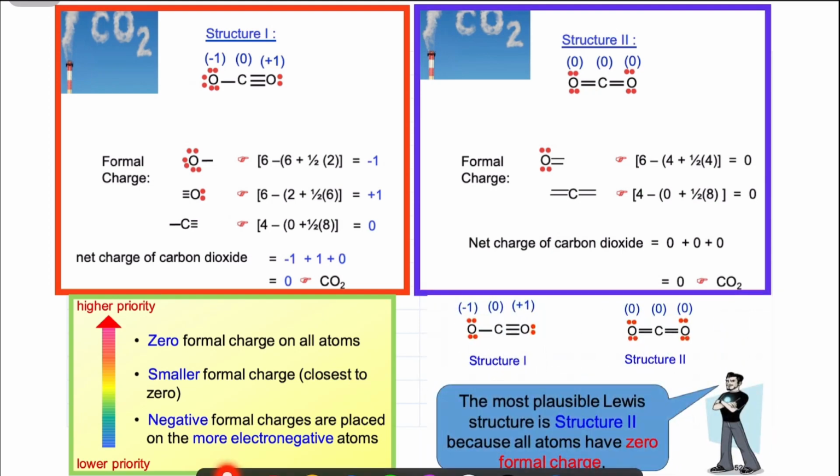So between structure 1 and structure 2, of course structure 2 is the most plausible Lewis structure. Why? Because it has 0 formal charge on all atoms in carbon dioxide.